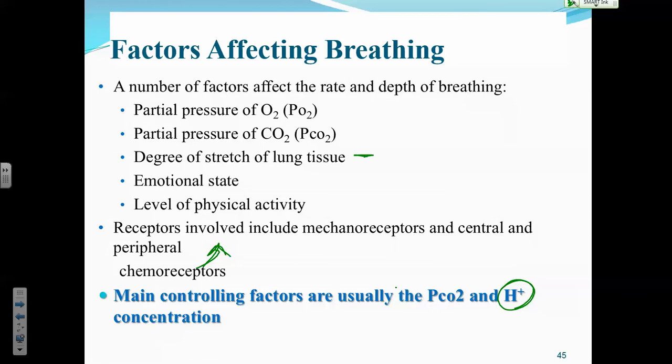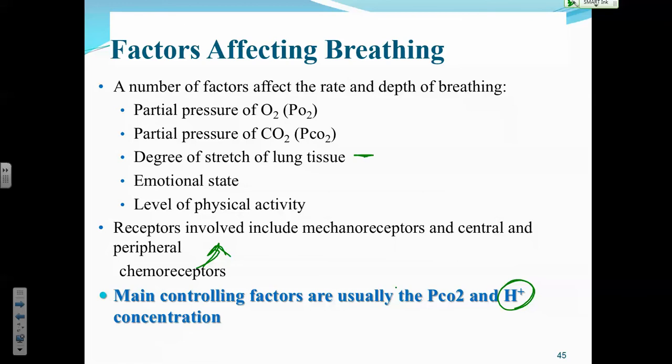We're going to see how that is. So that's some of these chemoreceptors. You have chemoreceptors for oxygen in various blood vessels. You have chemoreceptors for carbon dioxide and hydrogen in various places of the body. But their levels will affect basically your breathing rate.